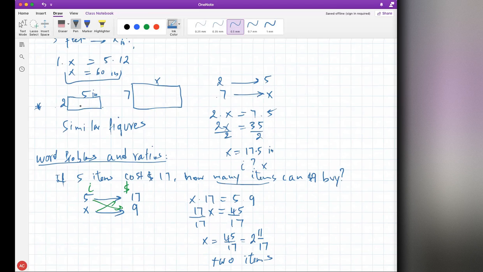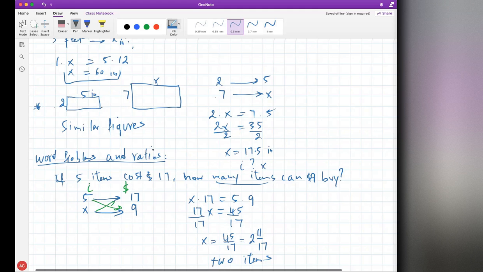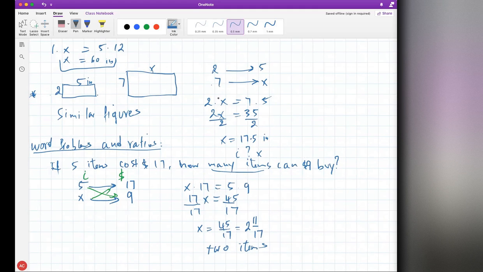So these are similar figures because they're the same shape, not the same size. If they are the exact same thing, we would call them congruent, or identical, exact same thing. But these we call similar because one of them is smaller, but the shape is the same. One is basically a proportional or bigger version of the other one. And this is how you find the missing quantity.